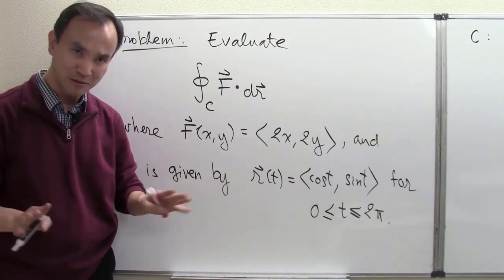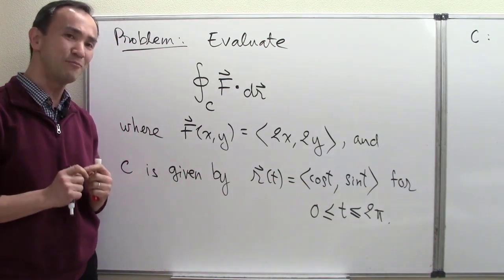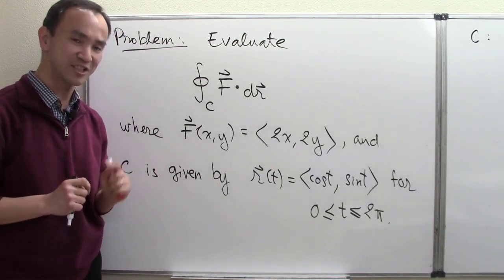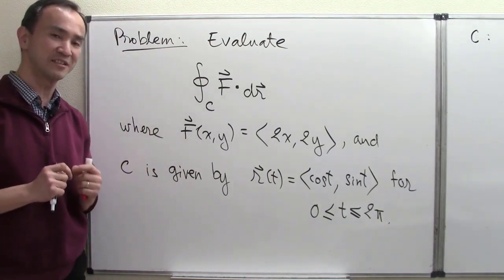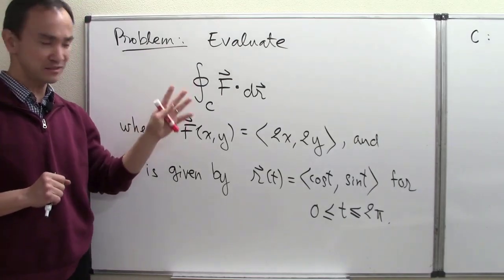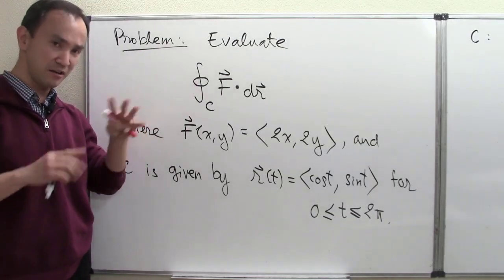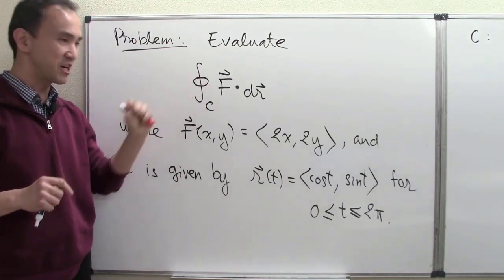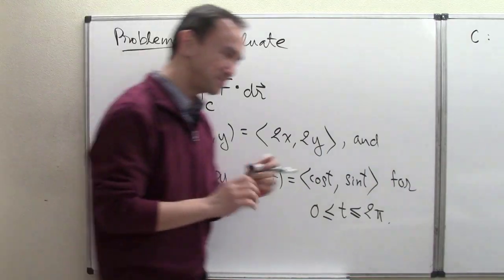But that's not the point. We want to come up with something a lot faster and more efficient that can solve the problem. But once again, at the end of the day, this problem is a line integral on a closed curve.